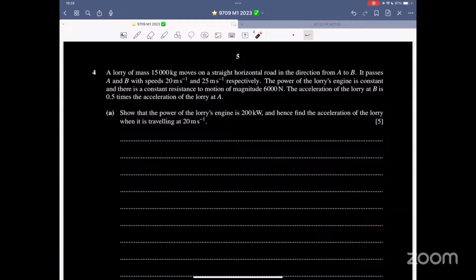The acceleration of the lorry at B is 0.5 times the acceleration of the lorry at A. Now, this is not your traditional, mainstream question. This is slightly different. Show that the power of the lorry's engine is 200 kilowatts and find the acceleration of the lorry when it's traveling at 20, for 5 marks.